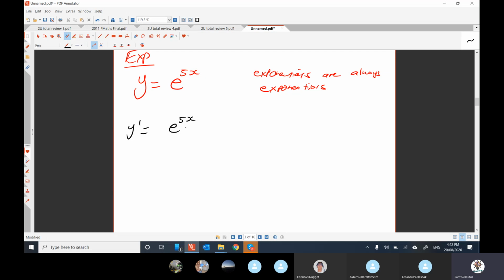Any questions? You're not done, but any questions? So that's easy to remember at least. So logs don't become logs. That's what I'm trying to emphasize. Logs, you've got to tell yourself, differentiate the inside over the inside, full stop. Exponentials do become exponentials, so they become themselves. That's your first step.